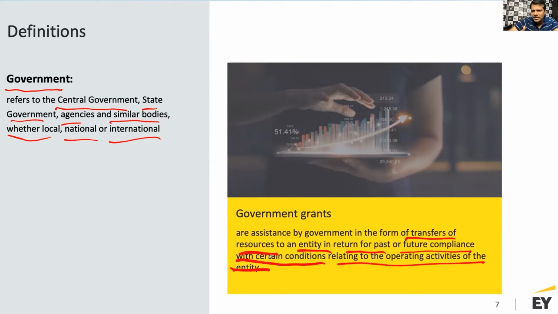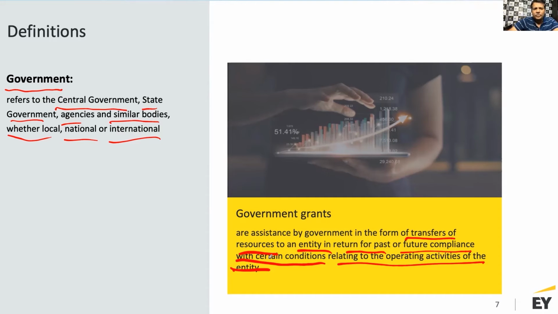There are conditions, right? You have to set up a plant, you have to do the manufacturing in India, then you have to export the goods which you manufacture, and you have to export so much in this period, and so on and so forth. So there are multiple conditions. Then in many situations we see you have to generate so much employment, so much local employment.